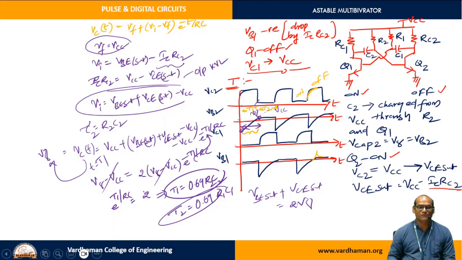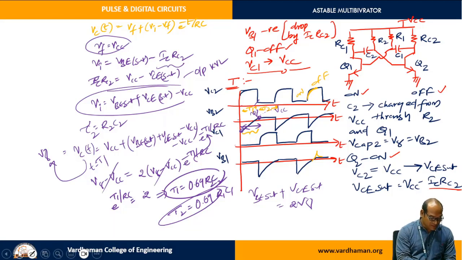And one DC supply VCC is available. But in the time period equation, which resistors are involved? Only R1 and R2. In the time period equation, 1.38 RC, or 0.69 into R1C1 plus R2C2, the resistances connected at the bases are involved in the generation of the time period but not the collector resistances. That is what you need to remember.